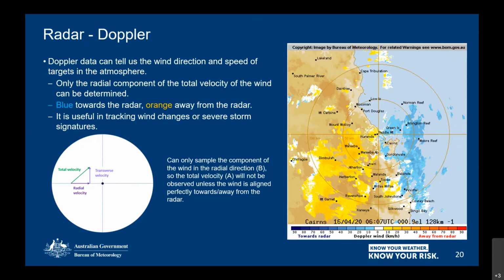Now, the intensities there on the scale down the bottom of that image, you can see it does say towards and away with the colors there. Now, a little tip, the way I like to remember these colors, because on our displays we don't actually have towards and away written on there, is that I like to think of car lights.